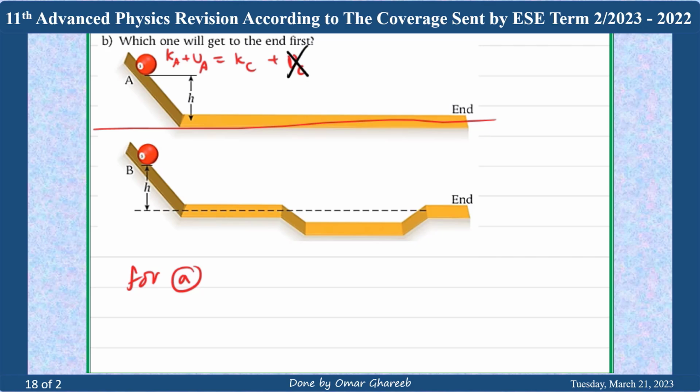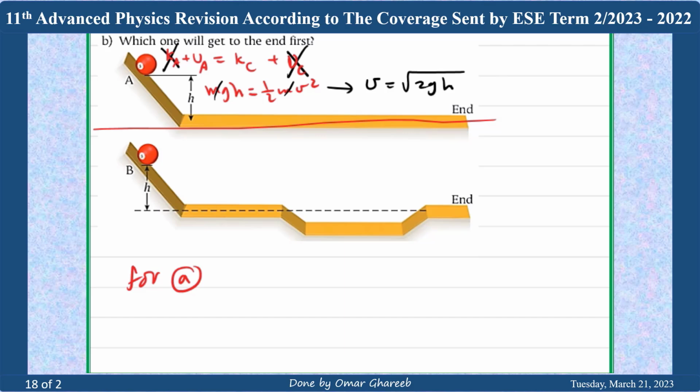And it starts from A, so the kinetic energy at A is 0. Here we have 1/2 m vA squared equals... at A we have potential energy, so mgh equals 1/2 m v squared. Now cancel m with m, then you are left with v equals the square root of 2gh.